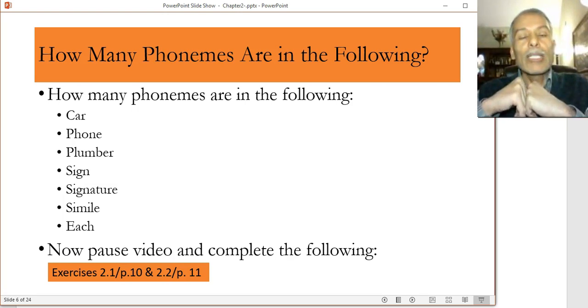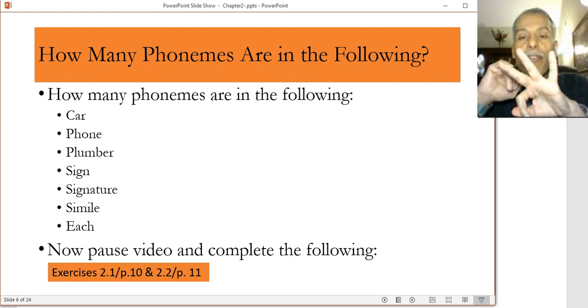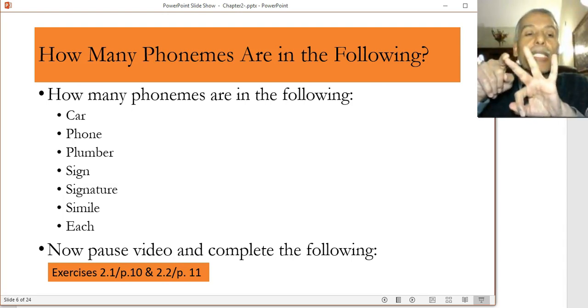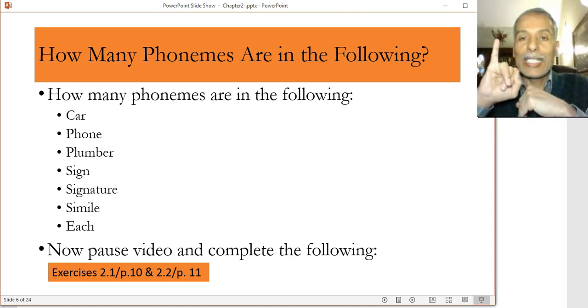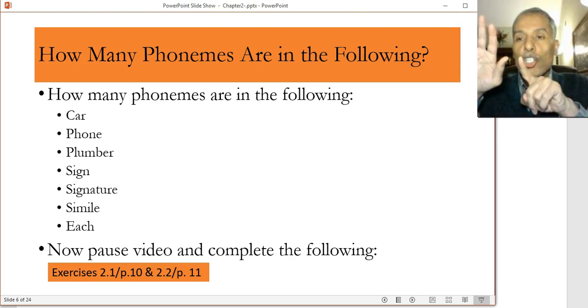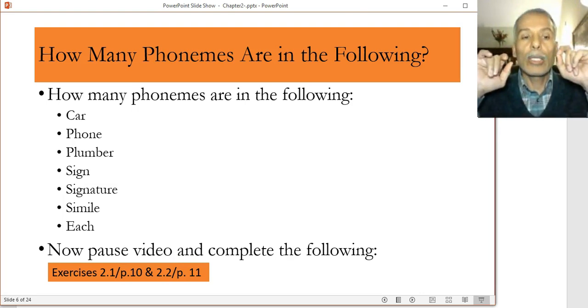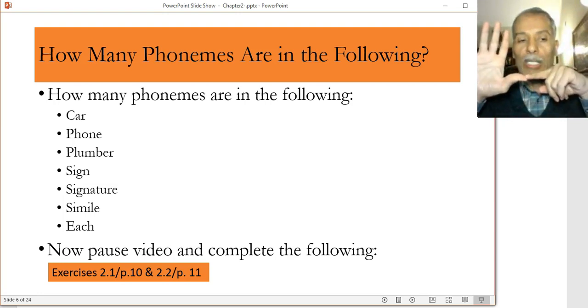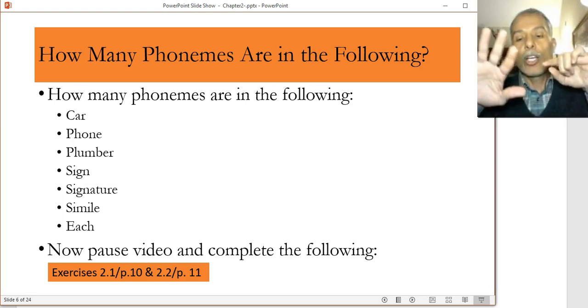How many are in sign? S, I, n. 3. How about signature? S, I, g, n, a, ch, er. So ch is one single sound. So again, s, I, g, n, a, ch, er, 7.